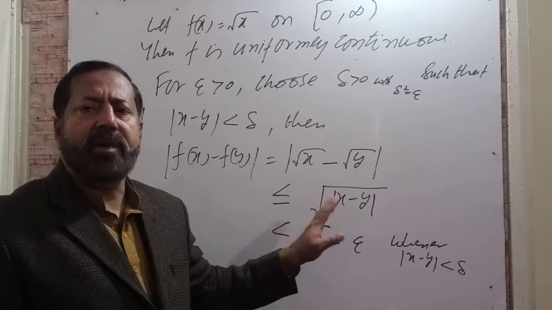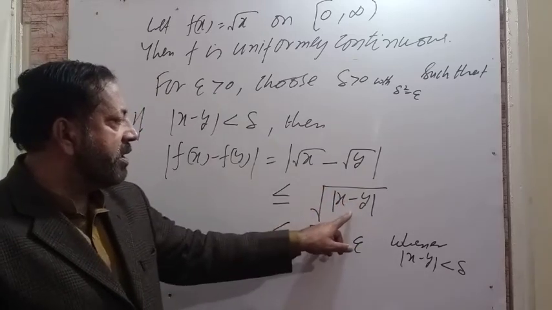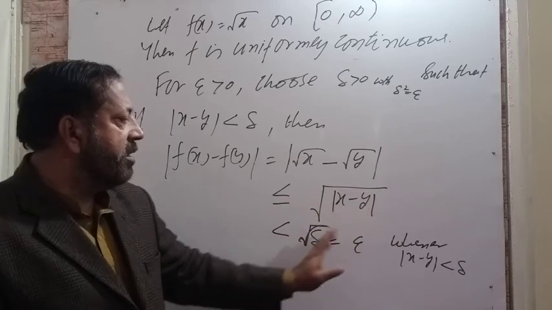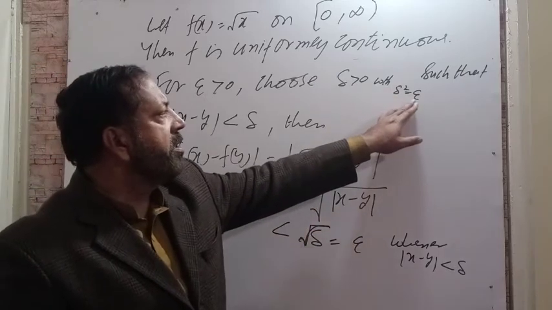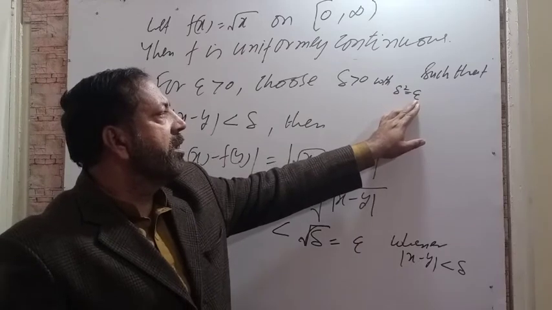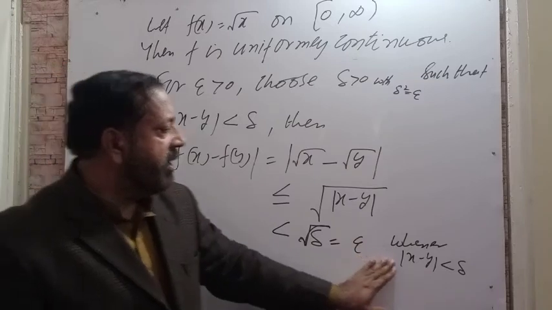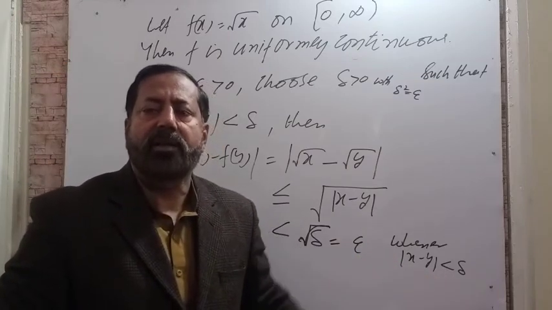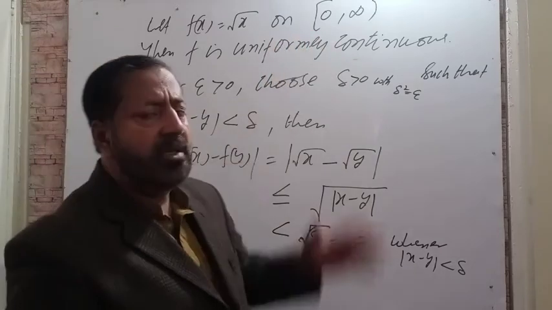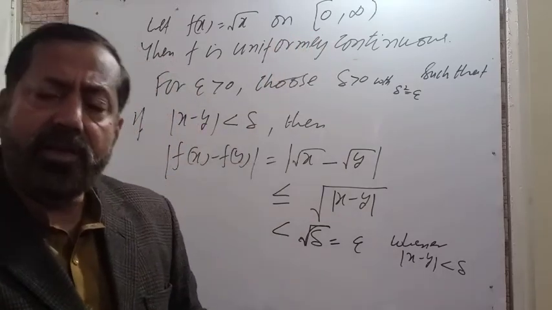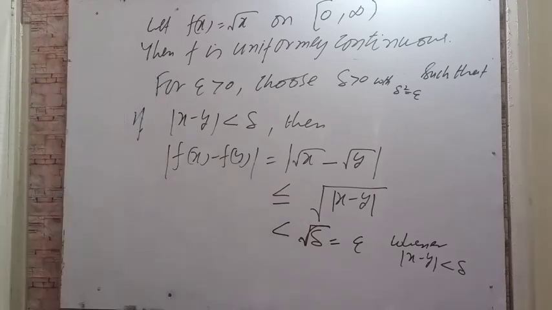You can verify this result. So this is less than √delta, which equals epsilon. Hence f(x) = √x on the interval [0, infinity) is uniformly continuous, right?